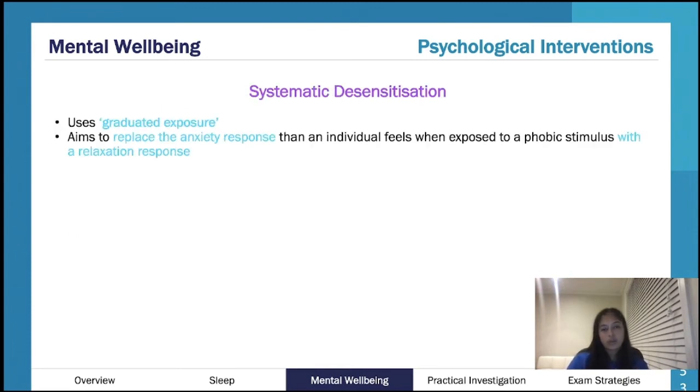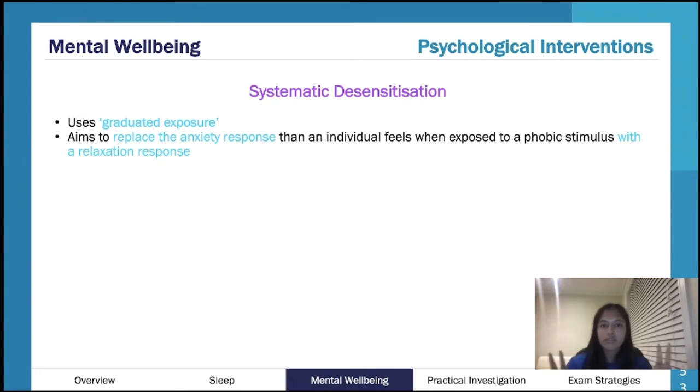Another really important one is your systematic desensitization. So again, the word may sound foreign, but just think about it. Systematic desensitization. So systematic, you're going through a progression and you're desensitizing yourself to this phobic stimulus. So we've got this graduated exposure going on.